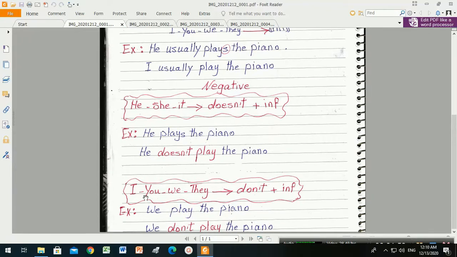With I, you, we, they we take don't plus the infinitive. Okay? For example, we play the piano. We don't play the piano. Don't here with we, and then after don't comes the infinitive.